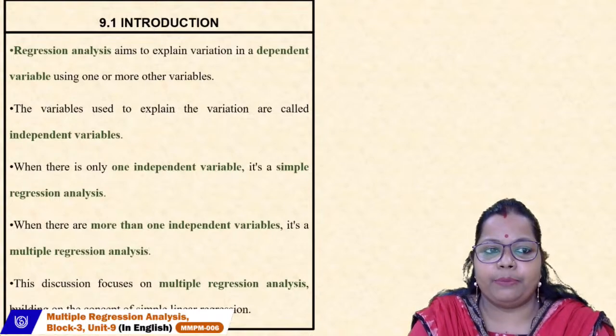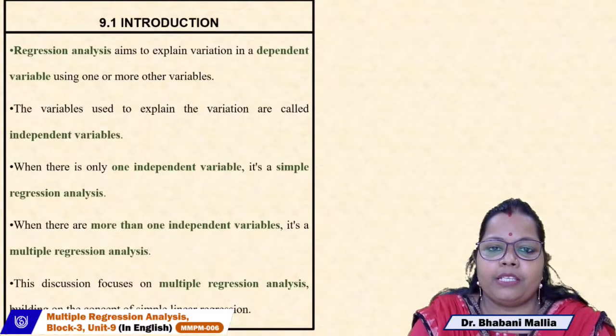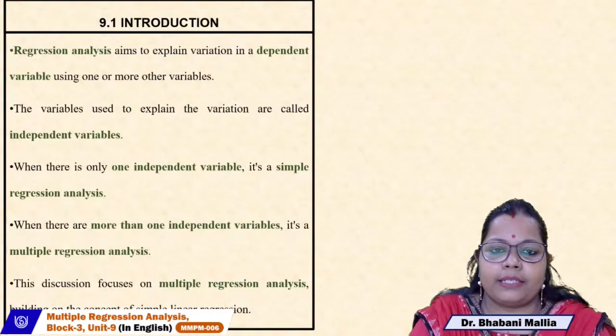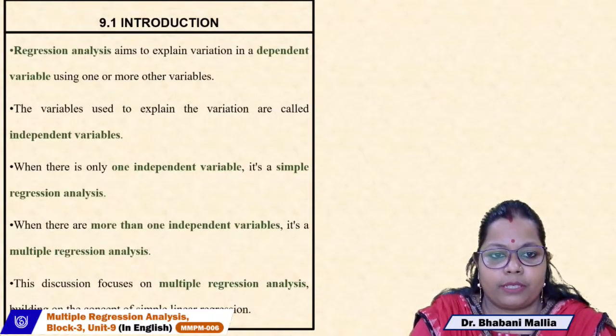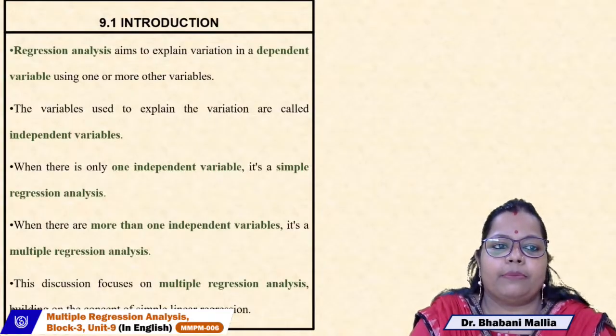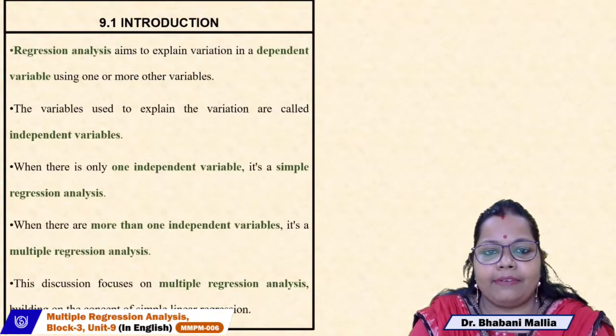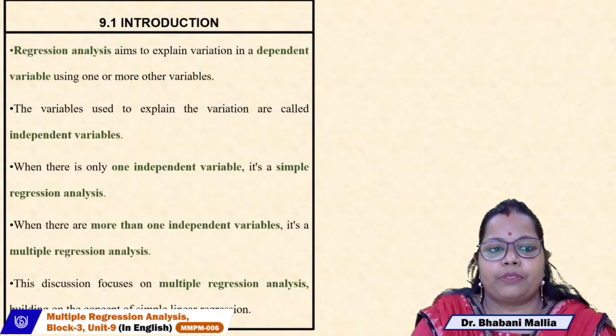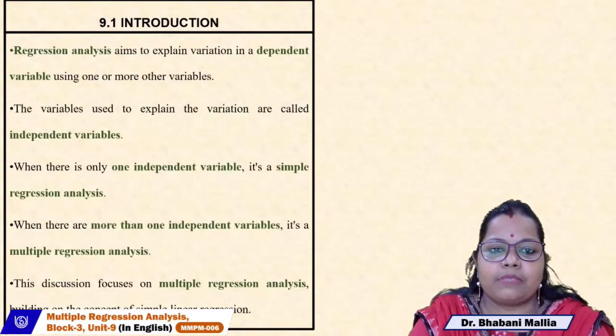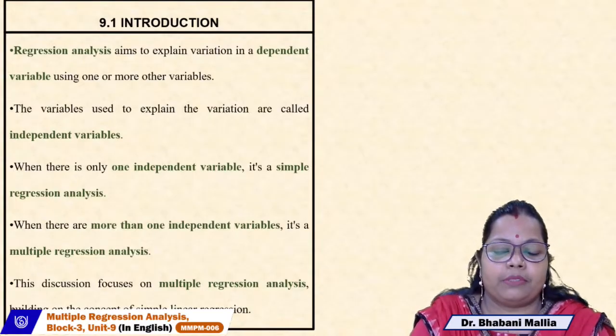One was the dependent variable, another was the independent variable. The dependent variable is the variable which changes depending on another variable. A change in the independent variable is impacting the dependent variable. So regression analysis aims to explain the variation among these two variables. But as I am saying repeatedly, there are two variables.